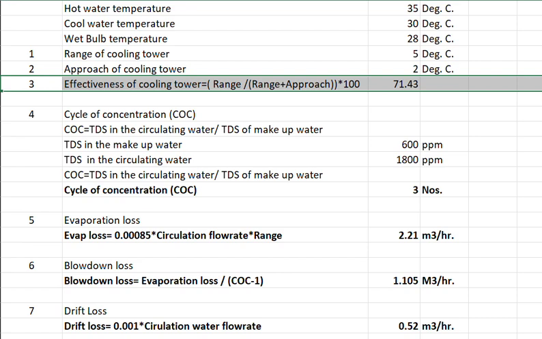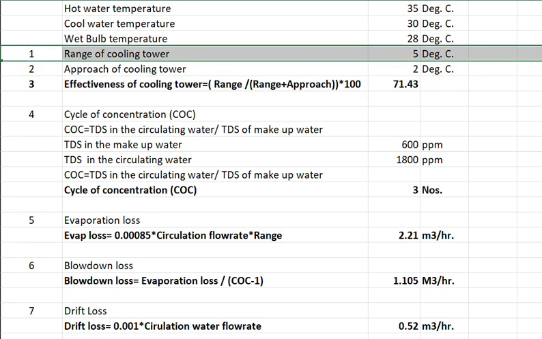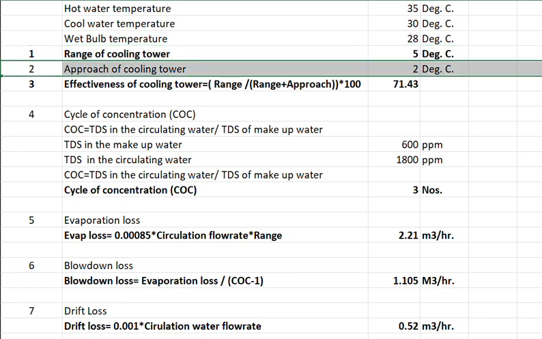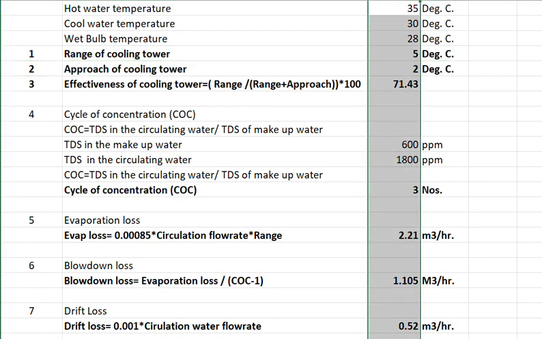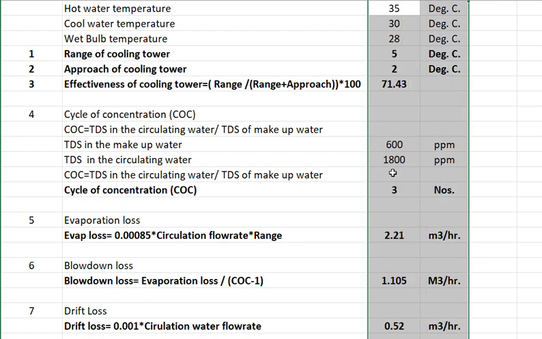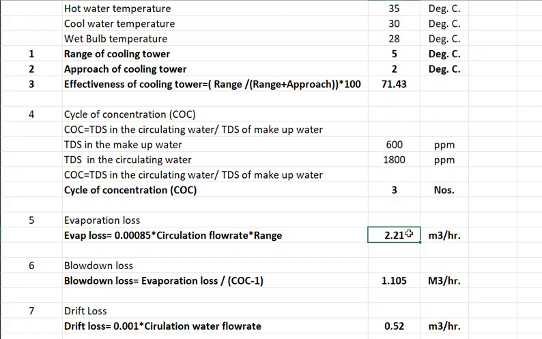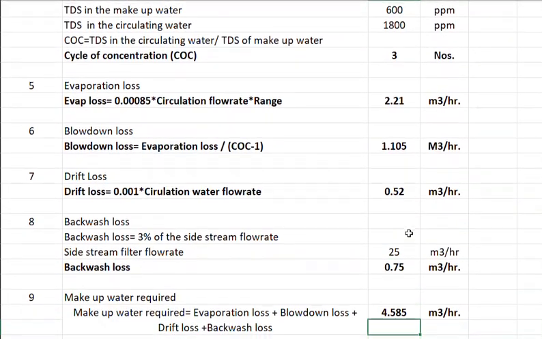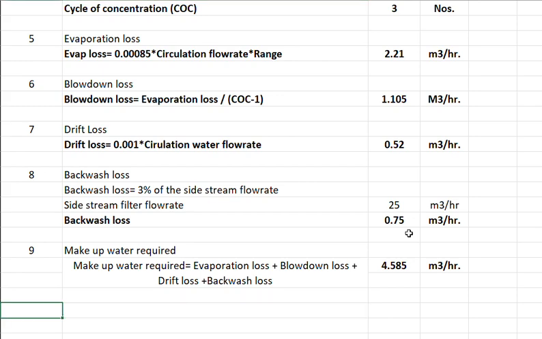So you will get the idea about which calculations we have performed and what data we need for them. Then we also need to decide the cooling tower capacity.